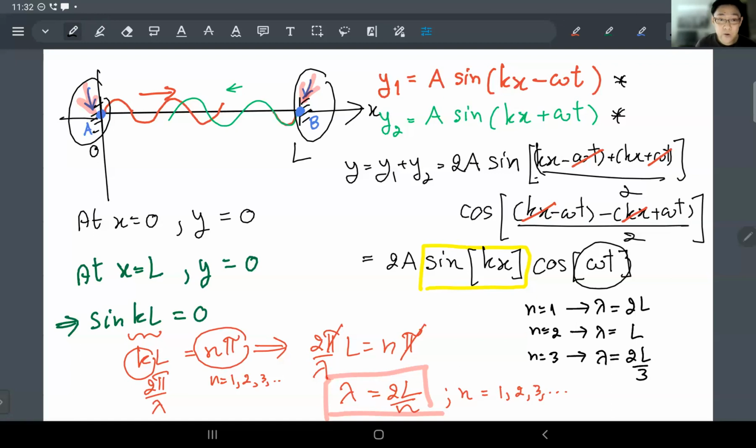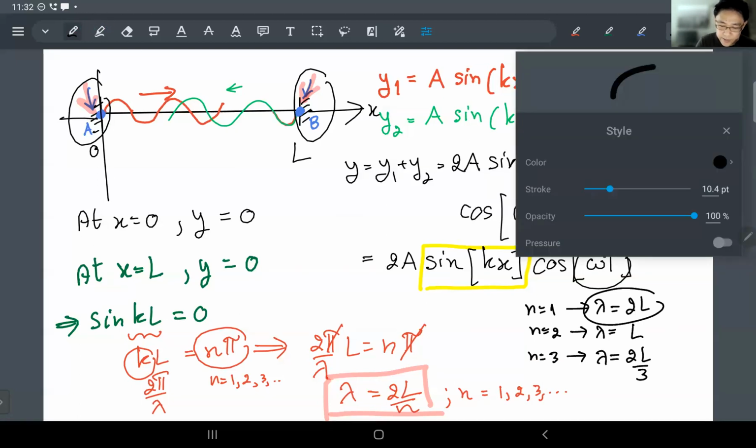So what I'm saying over here is that there are only some wavelengths possible that you can fit into this system right here. The first one is when lambda is equal to 2 times the length of this string. So the wave that you can fit into this is going to look like this. Here we go. All right, I'm going to draw this one big.